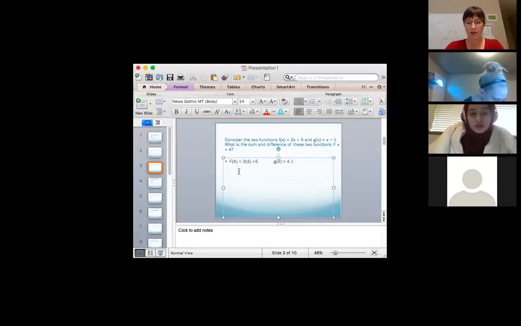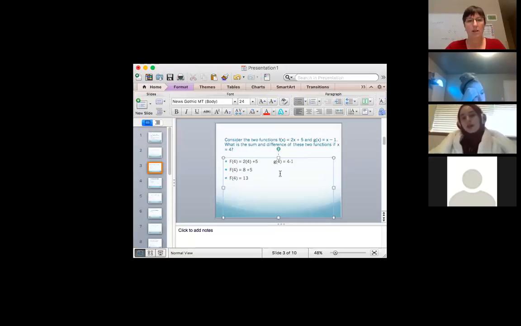Okay, so with x as 4, we end up with 8 plus 5. Sydney, I took what you wrote and took it one little step further. So when x is 4, f of x is equal to 13. And g of 4, that one's a little easier. So 4 minus 1 is 3.